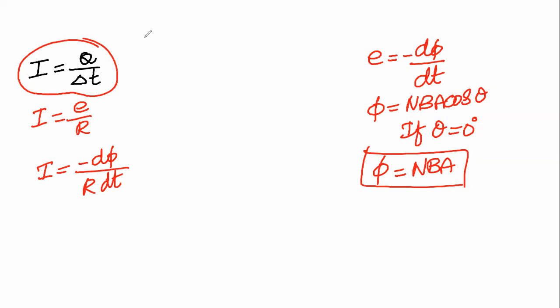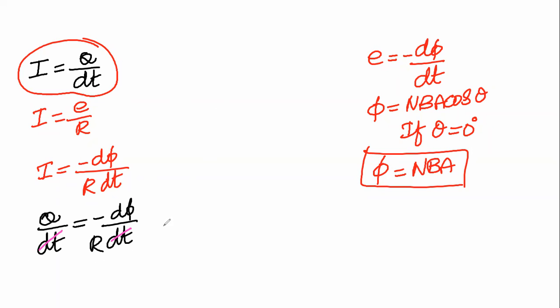Then I is equal to delta Q, it's nothing but dQ, I have to write. Q divided by dt is equal to minus d phi by dt into R. So on both sides dt gets cancelled.